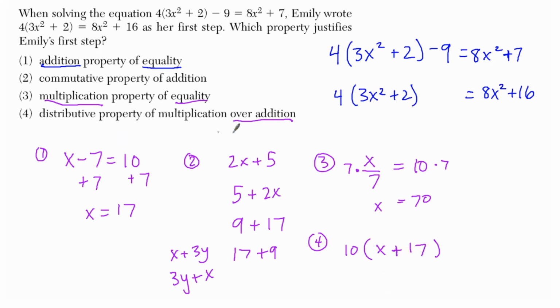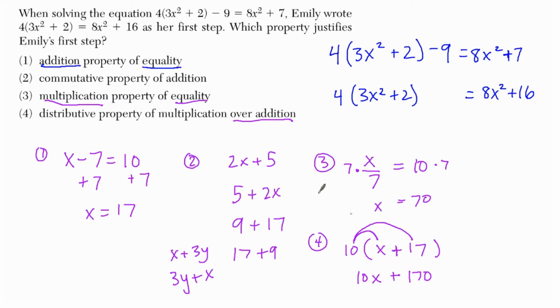The distributive property says this expression is the same as the expression you get if you distribute the outside quantity to each thing inside. So 10 times x is 10x, and 10 times 17 is 170, with the addition in the middle. These two expressions are equivalent because of the distributive property of multiplication over addition.